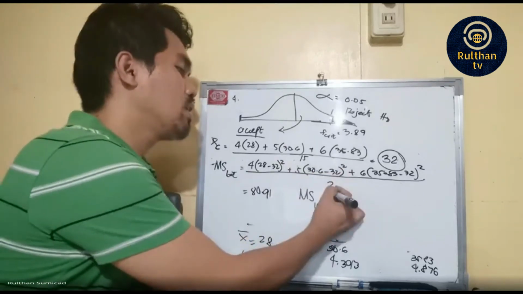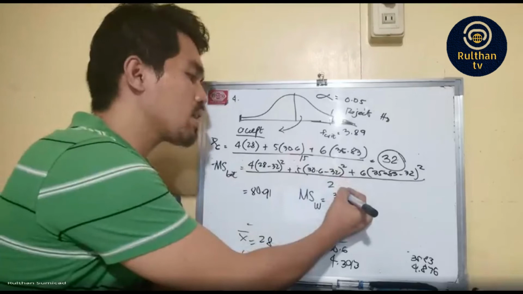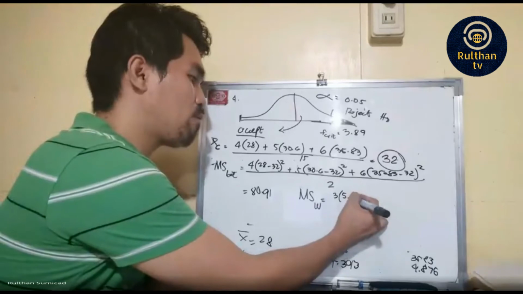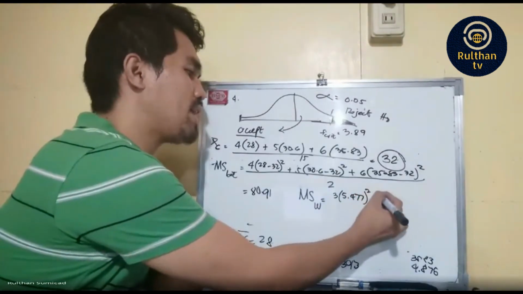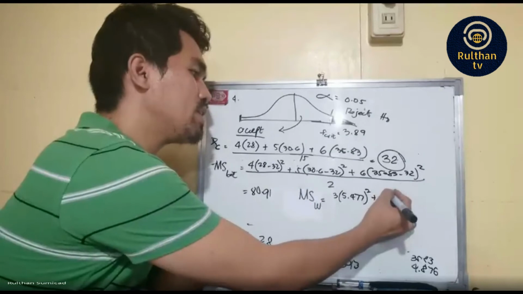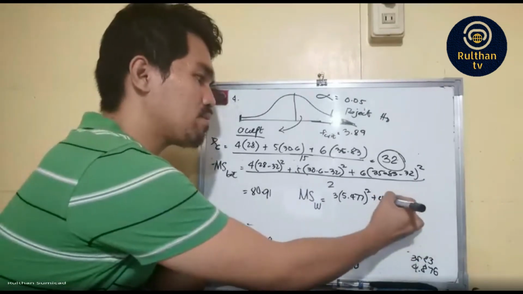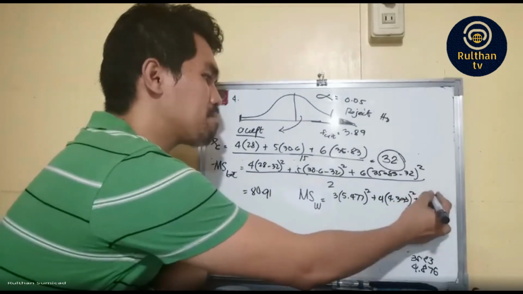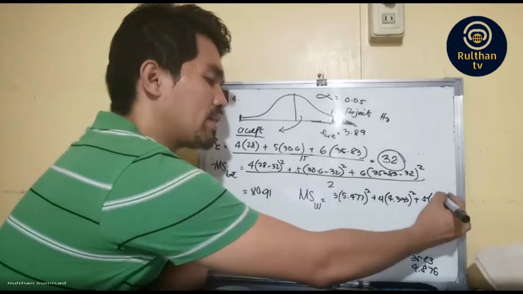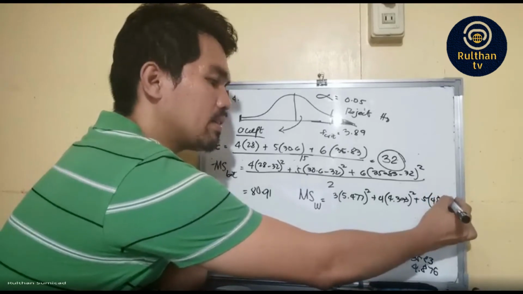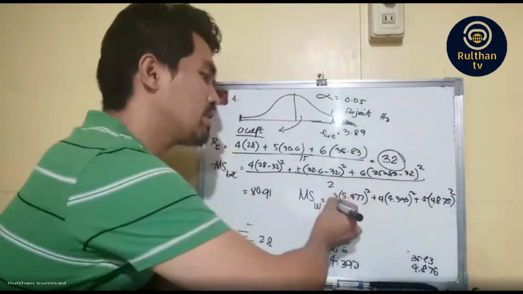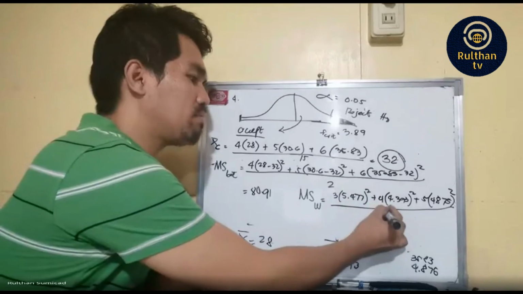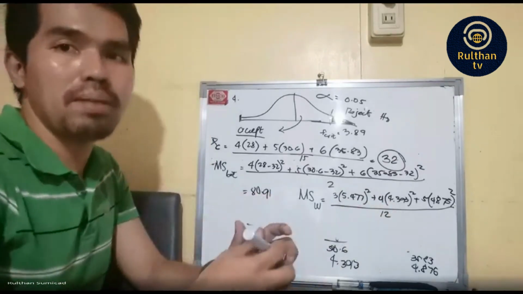So that is 3, because 4 minus 1 is 3, times the standard deviation 5.477 squared, plus 4 times 4.393 squared, plus 5 times 4.875 squared, divided by our degree of freedom within, which is 12, right? Because that is 15 minus 3.